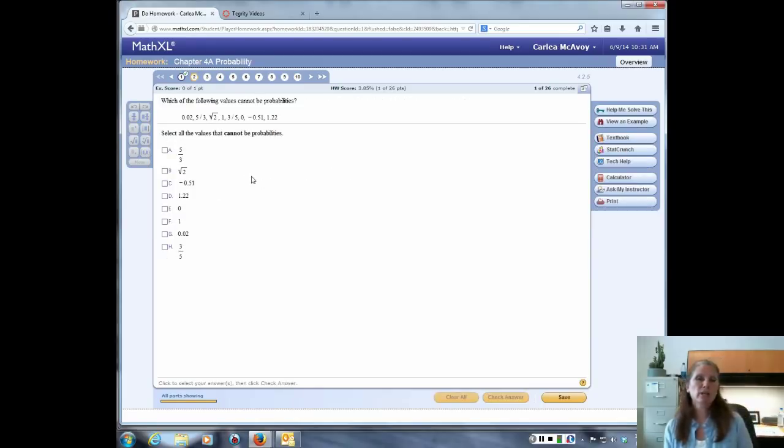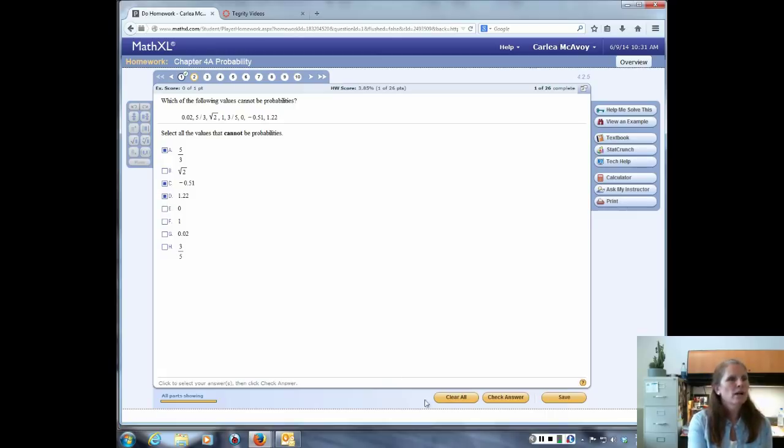Okay, which of the following cannot be probabilities? Probabilities are not negative. You can have a probability as low as 0 and as great as 1, but you can't have more than 1, so forget about 5/3. You can't have 1.22 because that's more than 1.